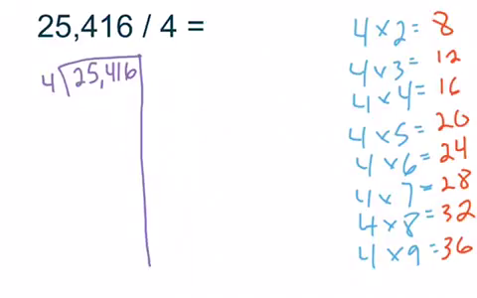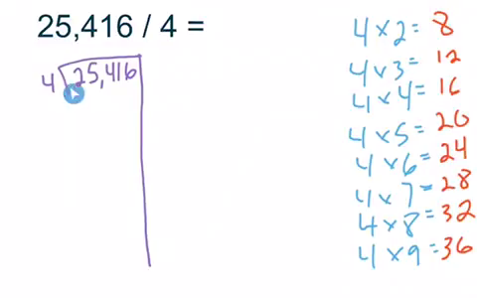Now, my first step when I look at this, partial quotients, is I use my knowledge of inverse operations. I say, okay, I need to figure out what my dividend divided by my divisor equals using multiplication facts. So the first thing I do is I look at my entire number, my entire dividend, 25,416, and I say, using math facts of what I can multiply 4 by, what factors I can use, what number can I multiply 4 by that will get me the closest to 25,416 without going over?